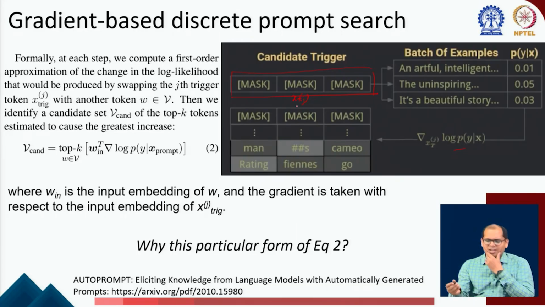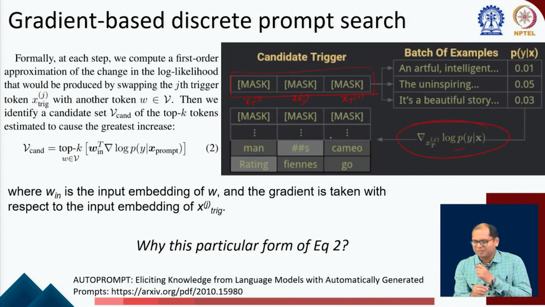It's all differentiable, so I can compute the loss with respect to each trigger token.